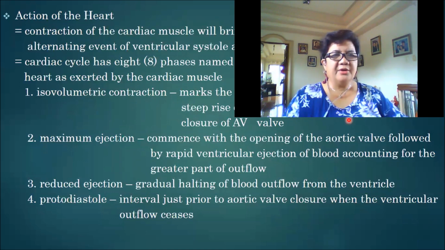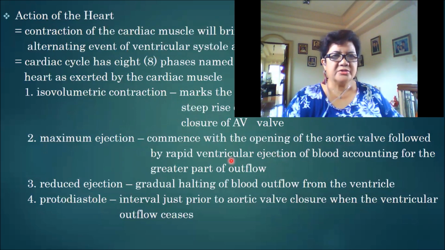This will be followed by the maximum ejection. This will commence with the opening of the aortic valve, followed by a rapid ventricular ejection of blood, accounting for the greater part of the outflow. So, what is happening to the pulmonic valve?